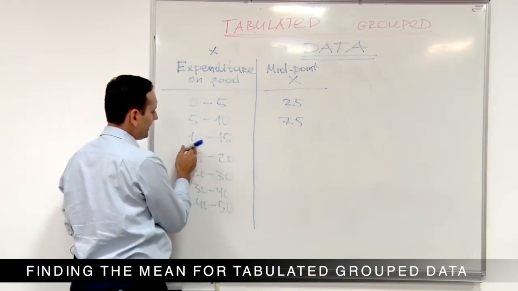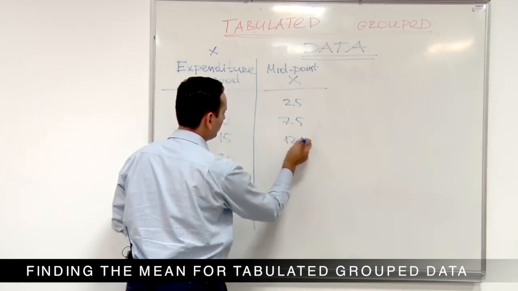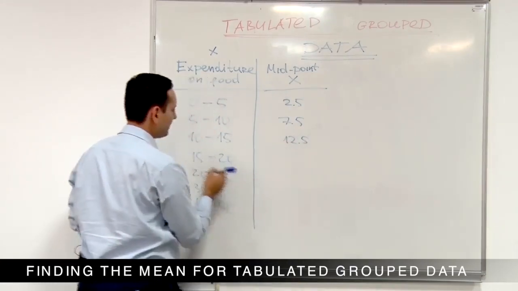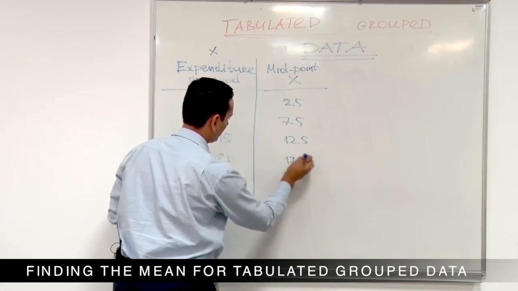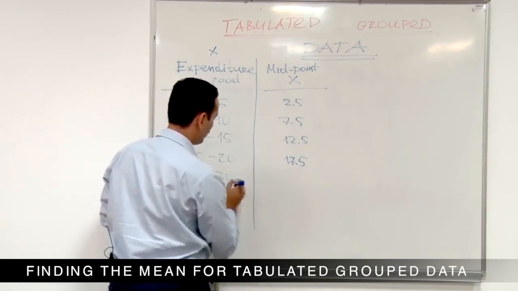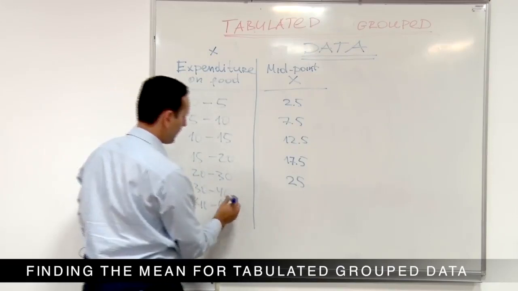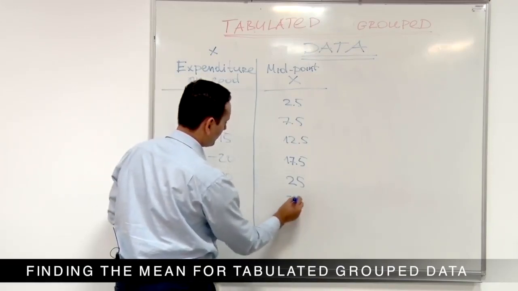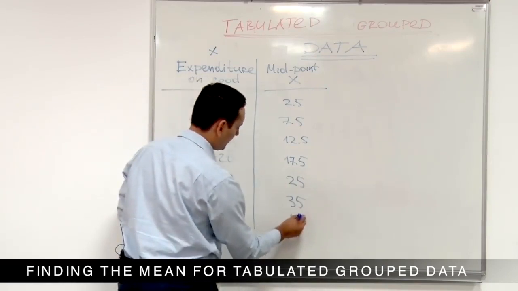The average between 10 and 15 is 12.5, 17.5. 20 and 30 is going to be 25, 30 and 40 is going to be 35, and 40 to 50 is going to be 45.